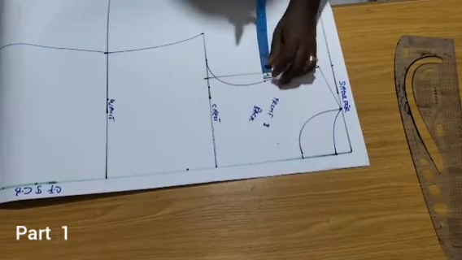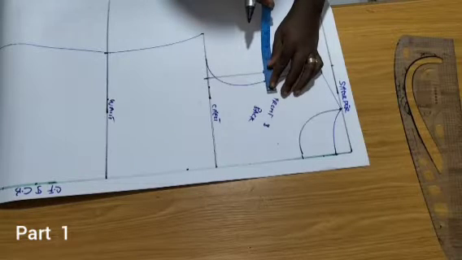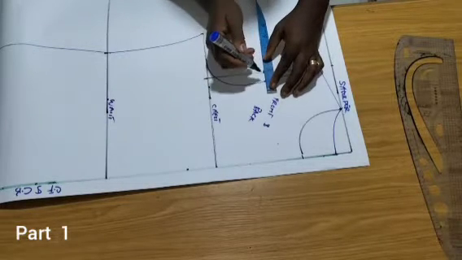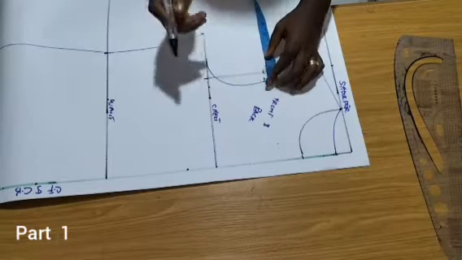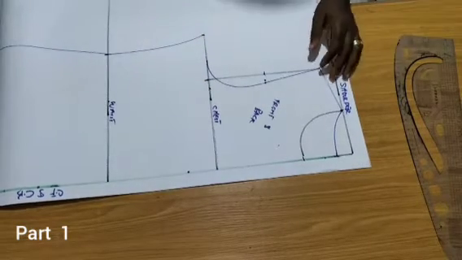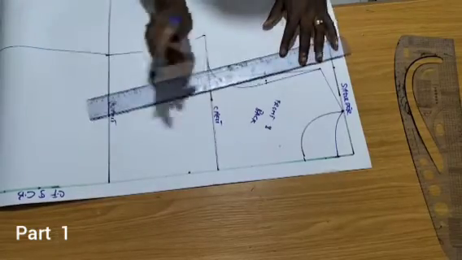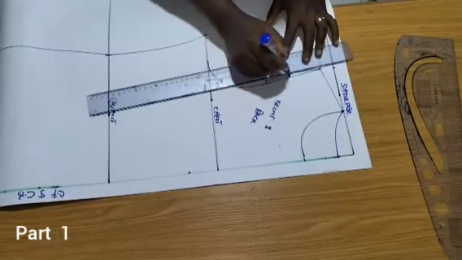And I've already taken my armhole depth at 0.75, so I want to take my back armhole at 0.5. If I do that, that is what I'm going to have, and I'll take it from there to there.